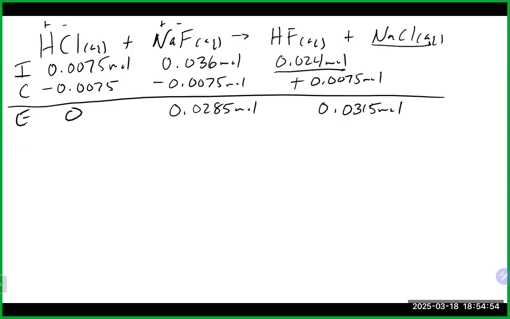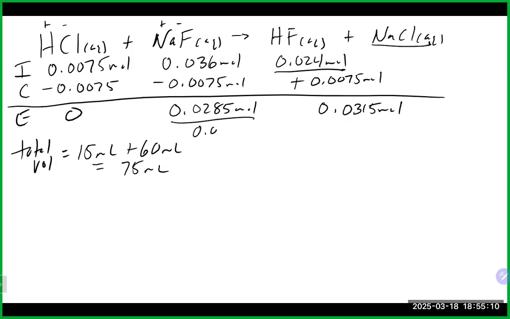Here we want to go, obviously, back into molarity. So our total volume: we added 15 milliliters of the HCl to 60 milliliters of our buffer, 75 milliliters. So we're going to divide everybody here by 0.075 liters.